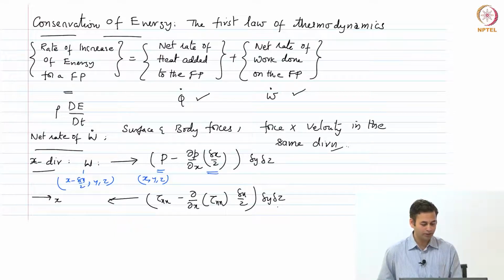Now we are interested in, of course, calculating the rate of work done. So we have to calculate the force multiplied by the velocity in the particular direction. So I have to essentially multiply these two forces with u, and that will give me the rate of work done for this.